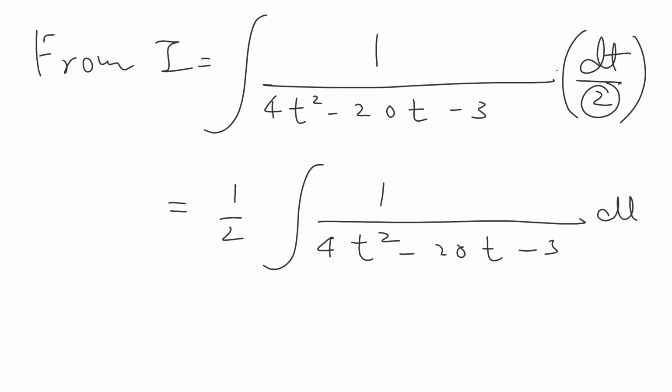Now how to solve this further? Waiting for your comments. First eliminate 4 because it is beside t square.